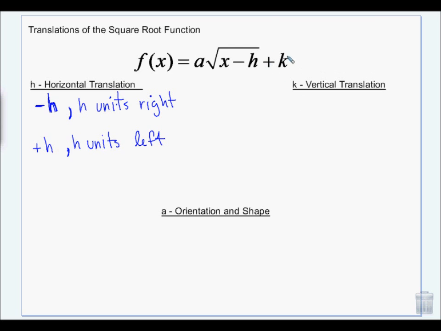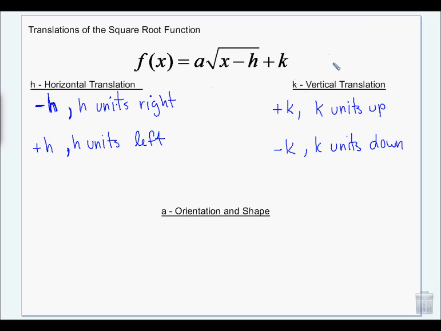Our vertical translations happen outside. That's k. And this one is sort of logical. If it's plus k, you go k units up. And if it's minus k, you go k units down. So inside the radicand tells us left or right.